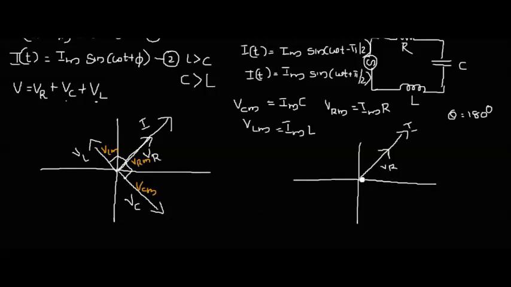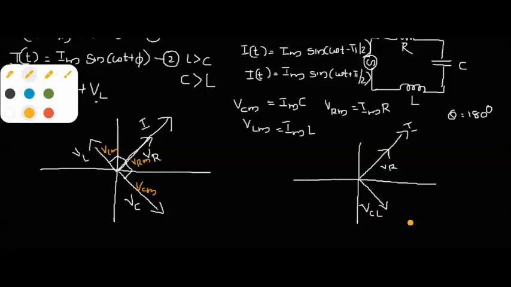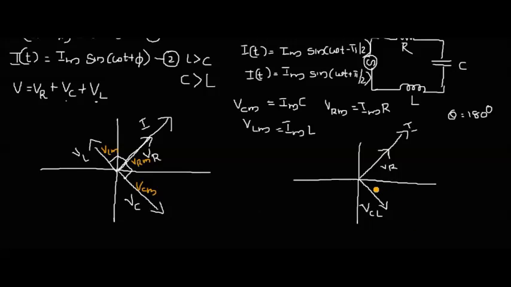So I will get a resultant, and the resultant will be pointing in the direction where the individual magnitude is more. So this I am representing as VCL. And this VCL has a magnitude of VCM minus VLM. And this is VRM. Right.